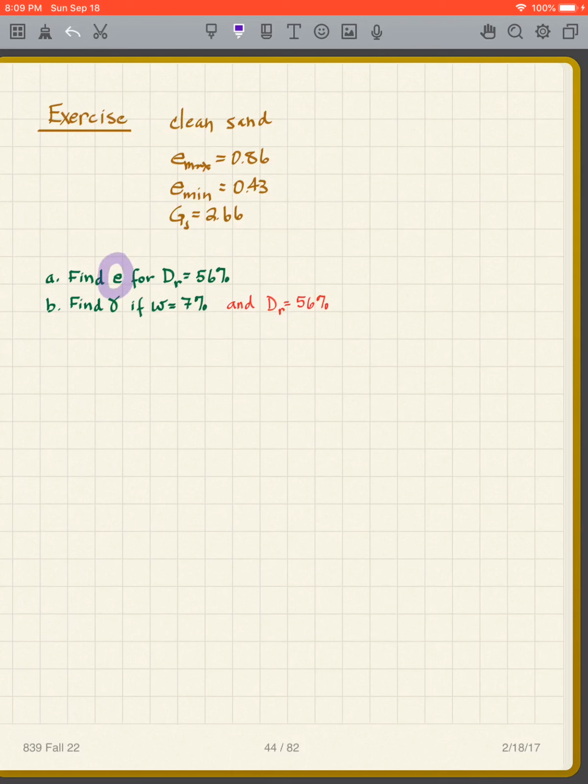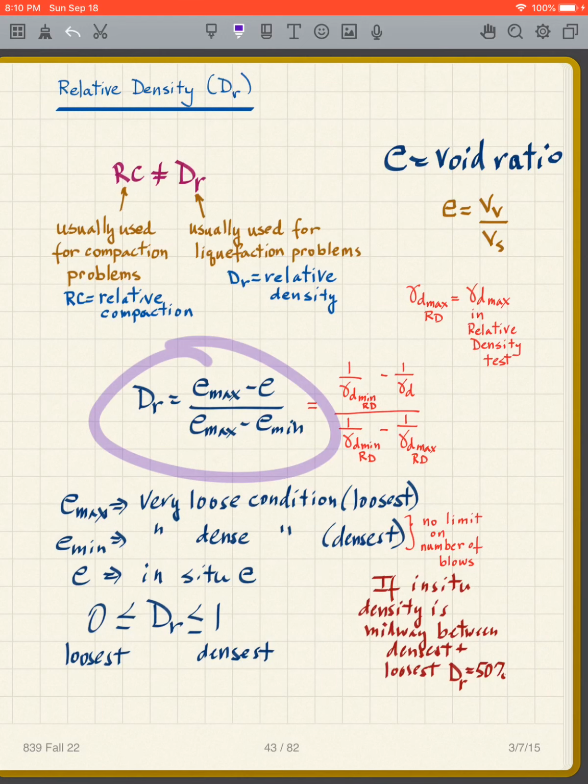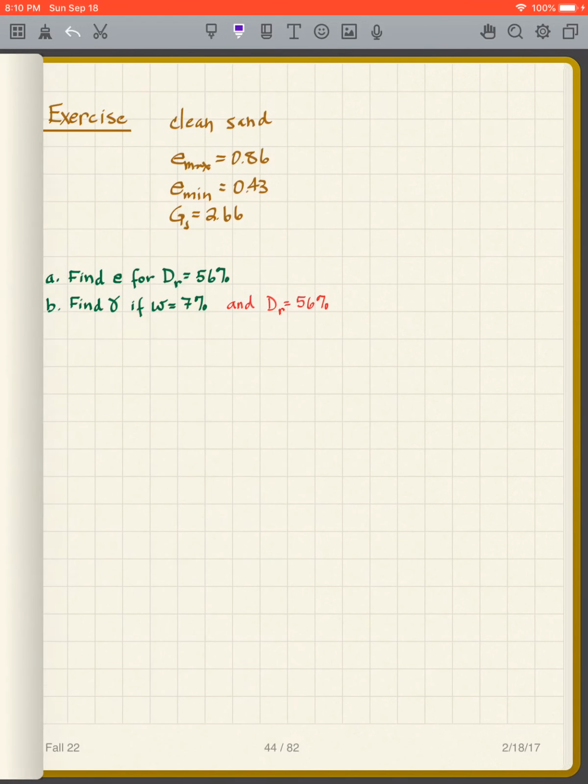What I want you to do is find E to create a relative density of 56%, and find gamma if the water content is 7% and we have a relative density of 56%. So use our other equation, but to start with, you need to use this expression. Pause the video here and do this problem.